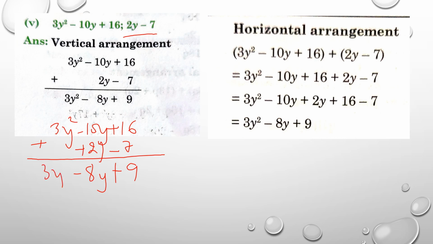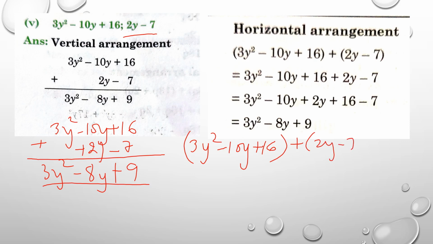Now let's do the horizontal method. 3y square minus 10y plus 16 plus 2y minus 7. First open the bracket: 3y square minus 10y plus 16 plus 2y minus 7. Now you have to take like terms together.